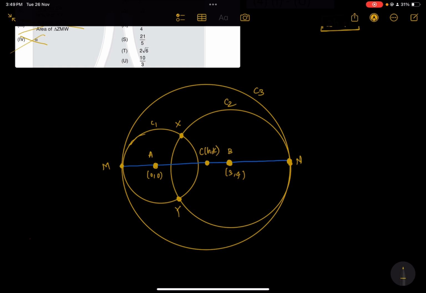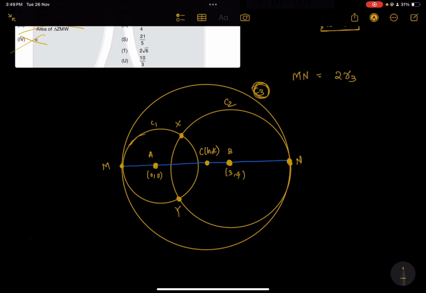From the symmetry, the blue line MN is the diameter of the circle C3, because the upper portion of the line MN and the lower portion of the line MN are the same. So we can write MN is equal to 2 times the radius of circle C3.